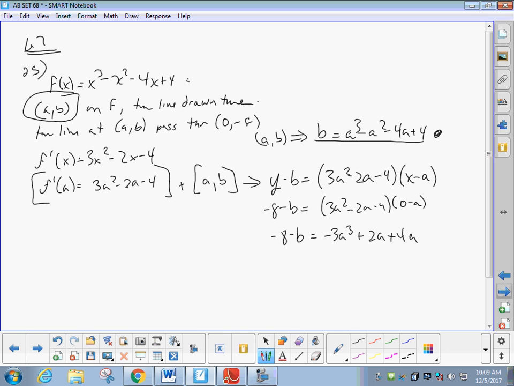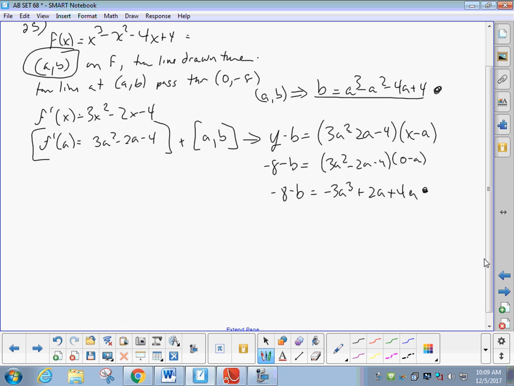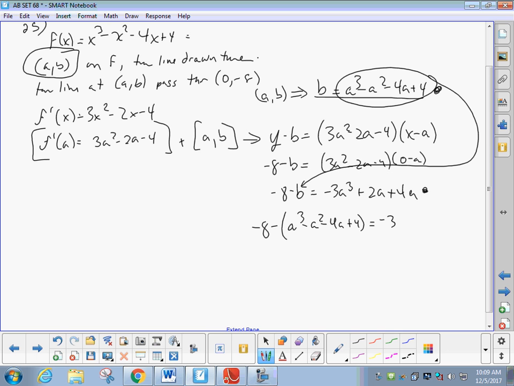Is that enough to get us going, you think? Substitute or eliminate? Let's go with substitute. If I throw this in there, then I get -8 minus a cubed minus a squared minus 4a plus 4 equals -3a squared plus 2a. Should this have been 2a squared?